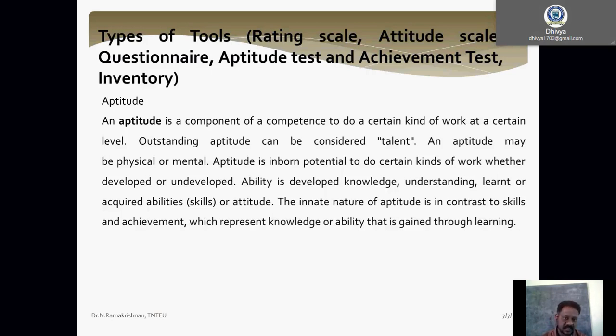For example, see what has been given here. An aptitude is a component of a competence to do a certain kind of work at a certain level. Outstanding aptitude can be considered talent, and an aptitude may be physical or mental. Suppose both physically and mentally you are inclined towards a particular job.